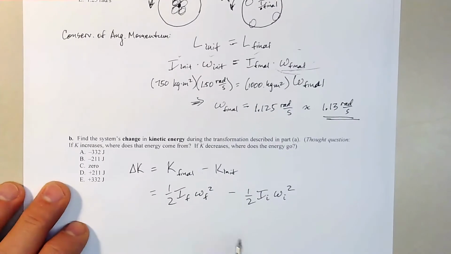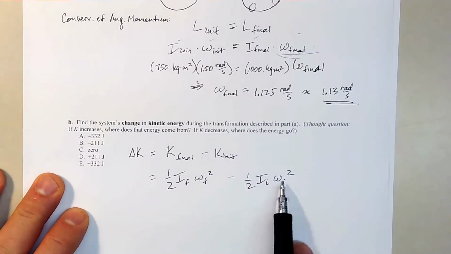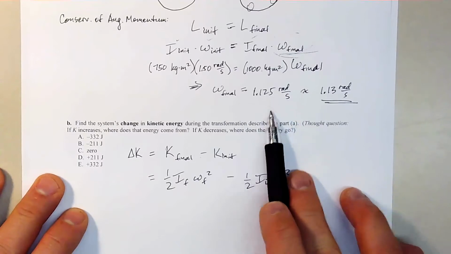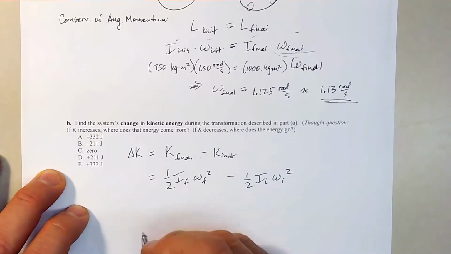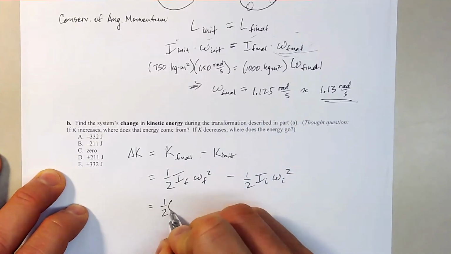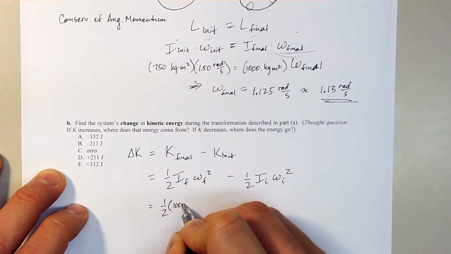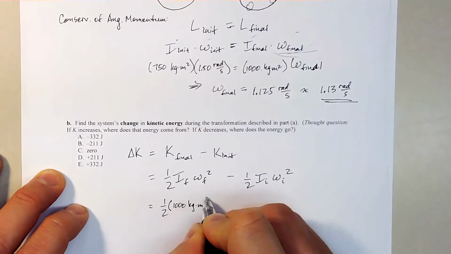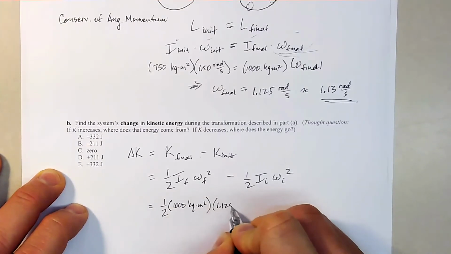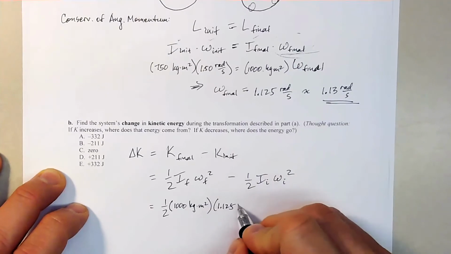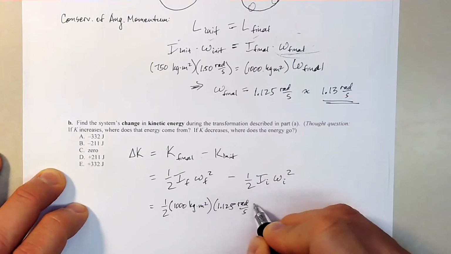Now, all of these quantities are known. They were either given in the problem or we just calculated the last remaining one up above. So now we can just plug in the values. Notice how I'm going to reclaim that extra sig fig that I dropped before, just to prevent round-off errors.